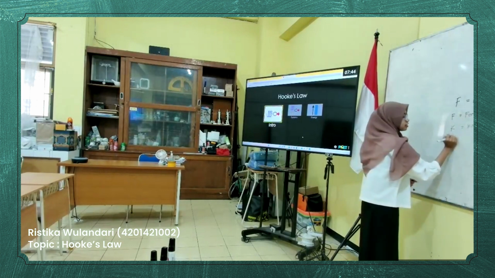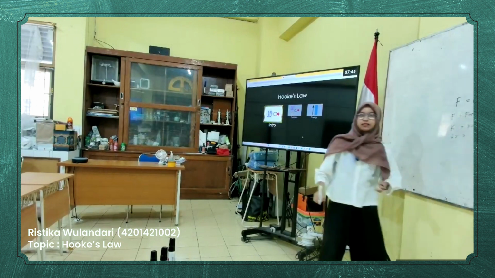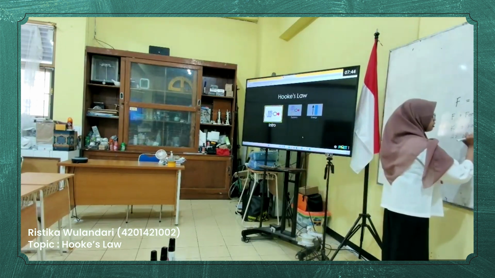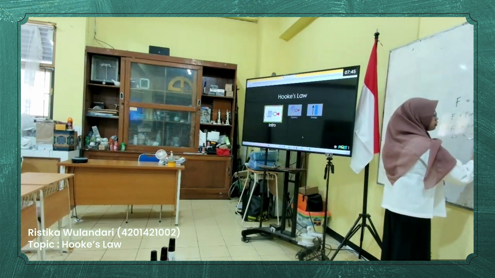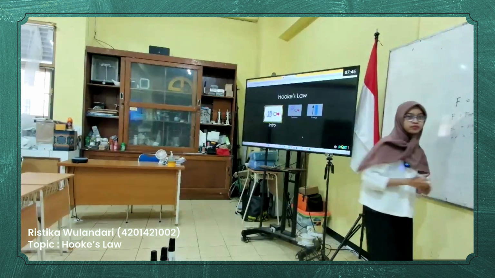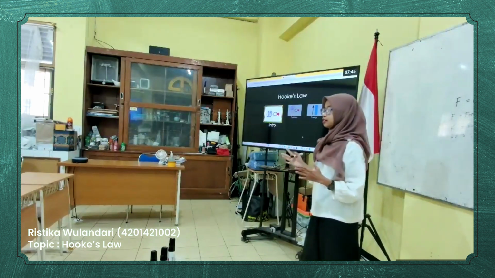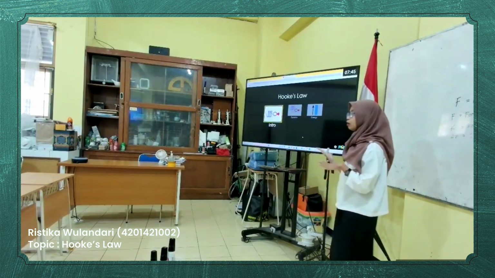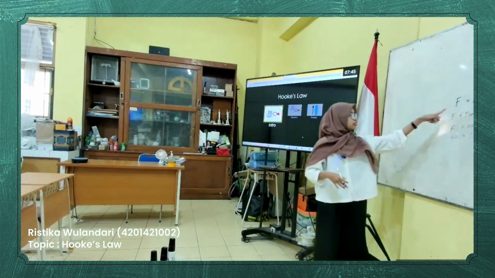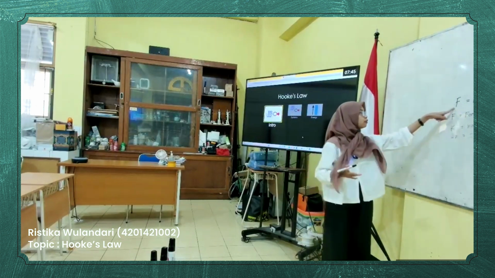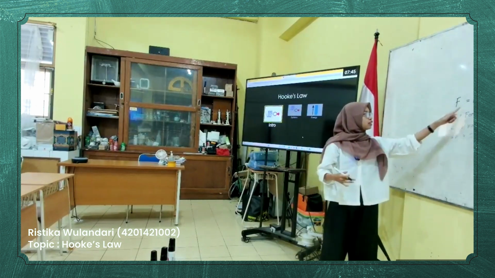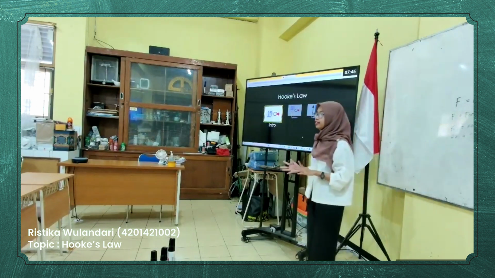And delta X is the displacement of length, the symbol is m, or meters. So according to the theory of Hooke's law, the force applied to the spring is proportional to the displacement of the length.